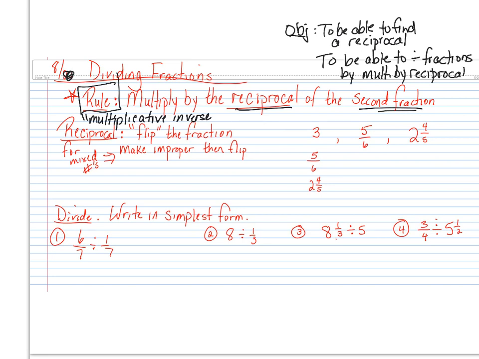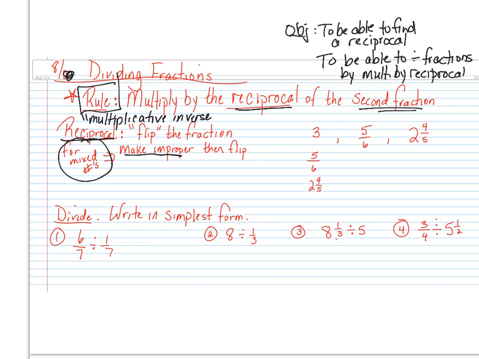Just do the reciprocal of the second. Reciprocal is also referred to as the multiplicative inverse, which means you're just flipping the fraction. Okay, so make sure that you flip them. For mixed numbers, though, you need to make them improper and then flip them.